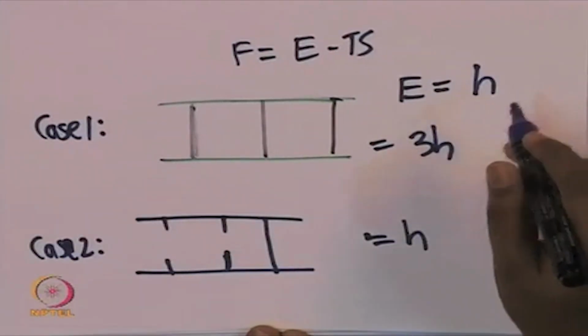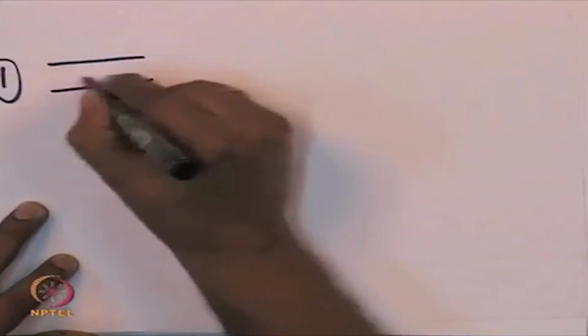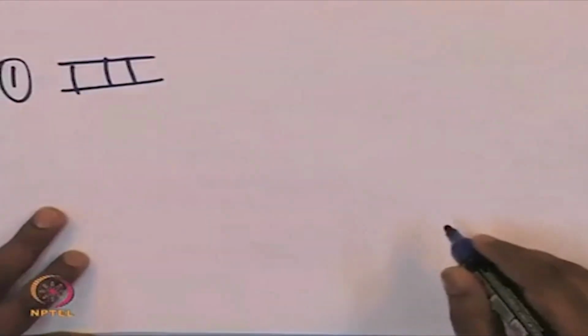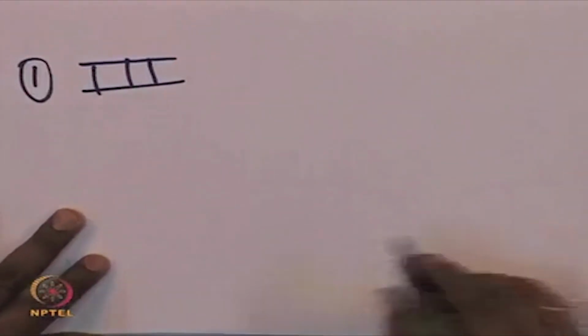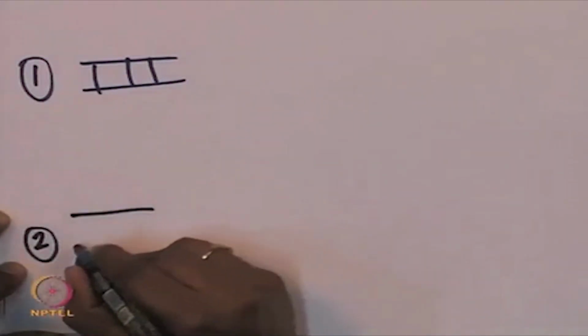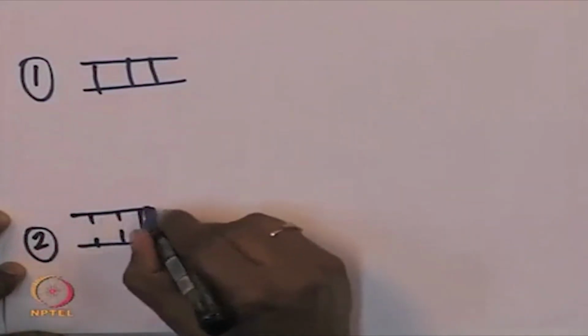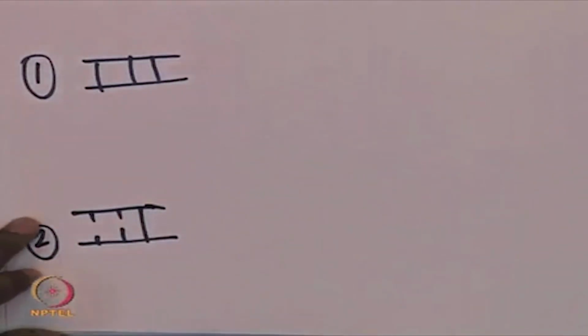Now, what is entropy? Let us think of these two cases again. First case is all base pairs intact, and the second case is two base pairs broken and one is intact.